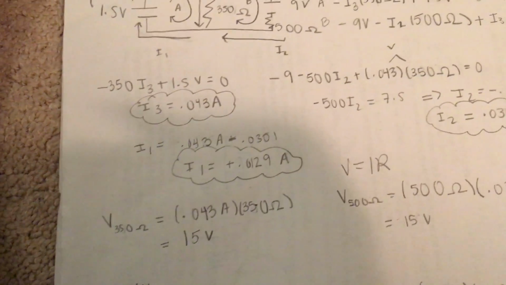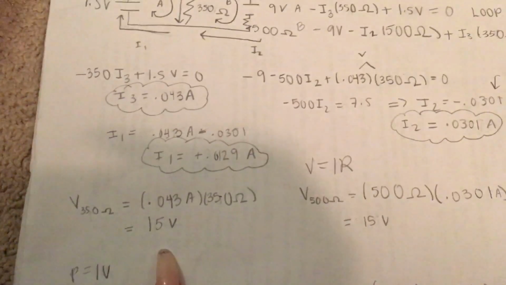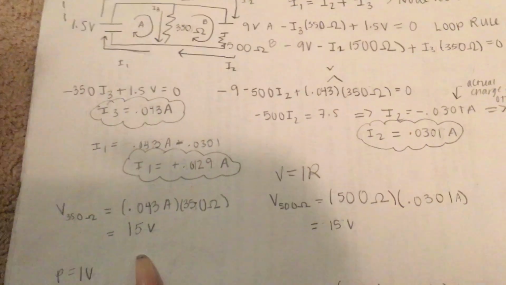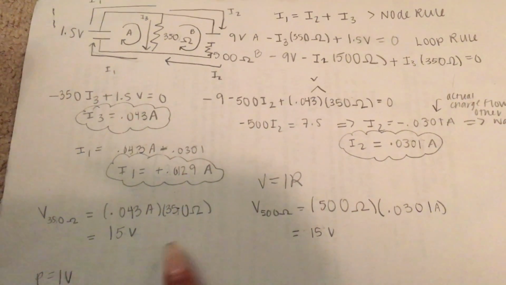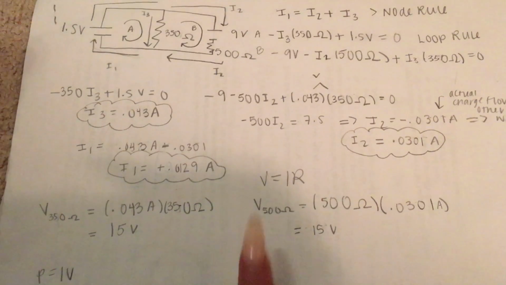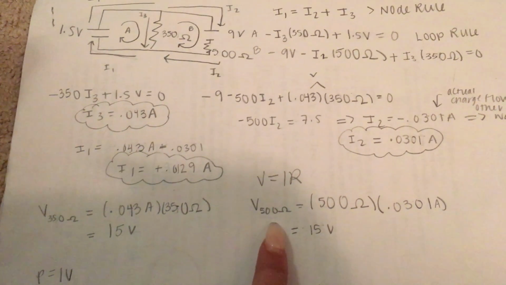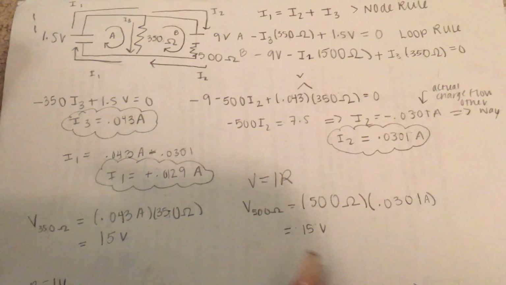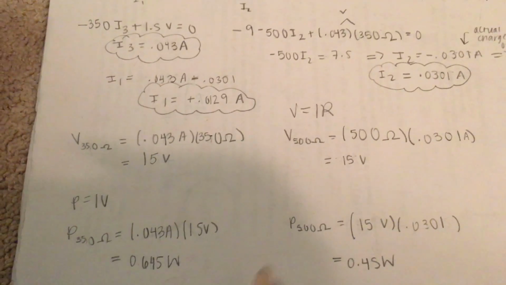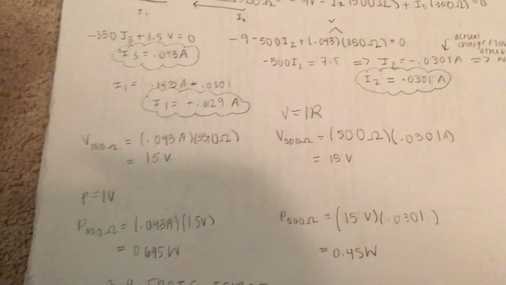Easy enough. And the funny thing, I thought this was really funny when I solved it. Either I'm really bad at math, or this is just a great coincidence. The voltage drop across 500 ohms is also 15, which I thought was pretty wild. So I hope you find it to be wild too.